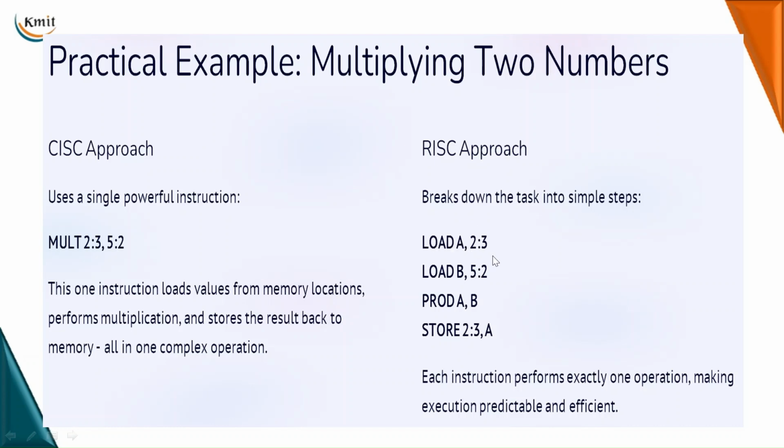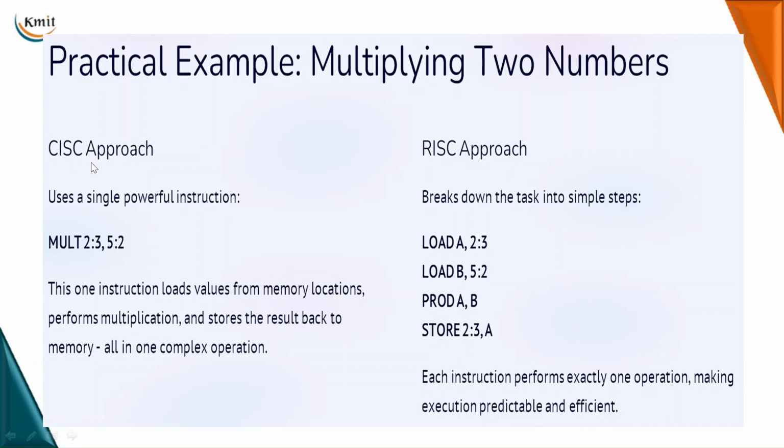So using a load operation, the first operand is loaded into the A register and the second operand is loaded into the B register. Then, using PROD A, B, we perform a multiplication and then store the result of A into the corresponding memory location. So each instruction performs exactly one operation here, and the instructions are simple instructions which can be executed in a single clock cycle in case of a RISC approach.